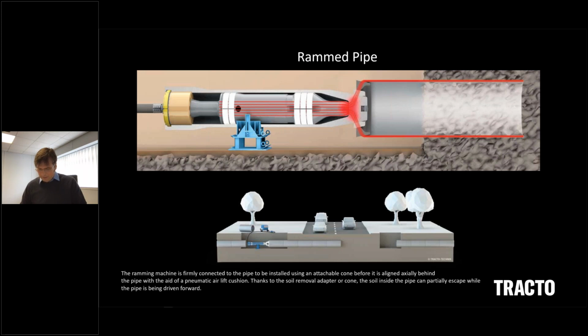One reason for that is that the power is transmitted only through the product pipe linearly. The other is that the majority of the spoil is actually left within the product pipe that we install during the installation process.